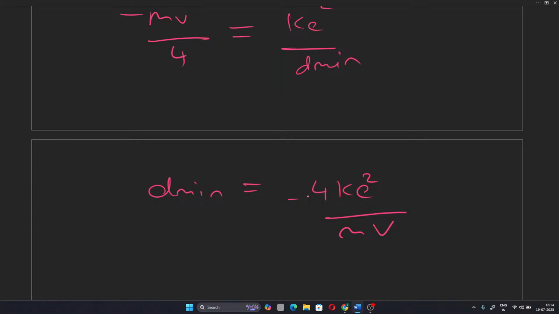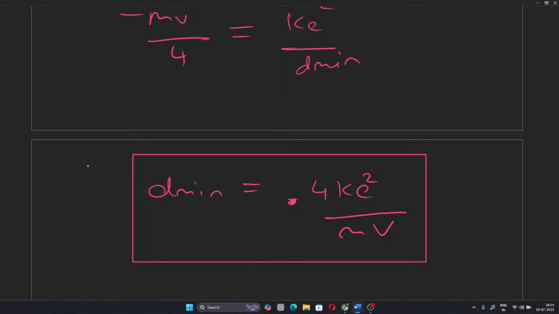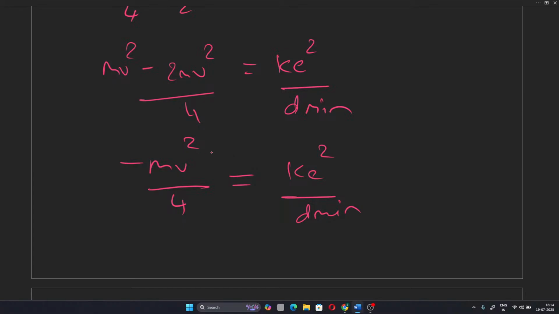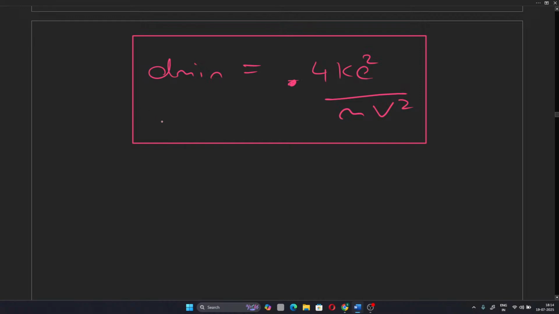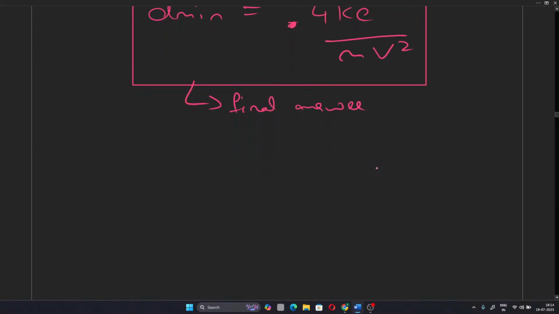There should be a minus here, but I don't think we should take minus in this case because it is displacement. I forgot to write the m v square. Okay, this will be the final answer. If it was a fixed proton, that would have been a little bit easier, but fine.